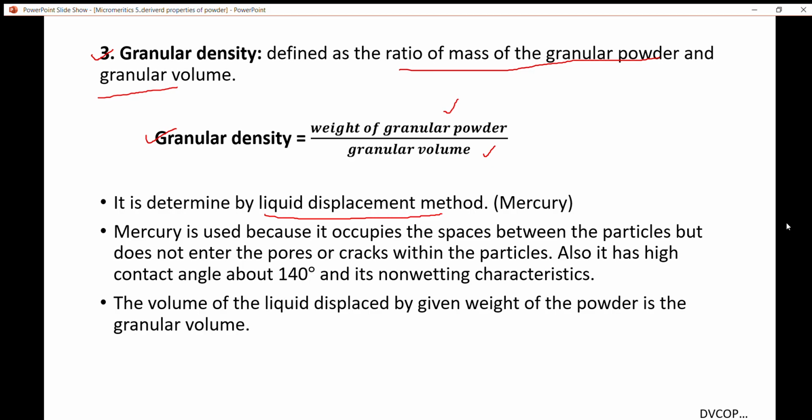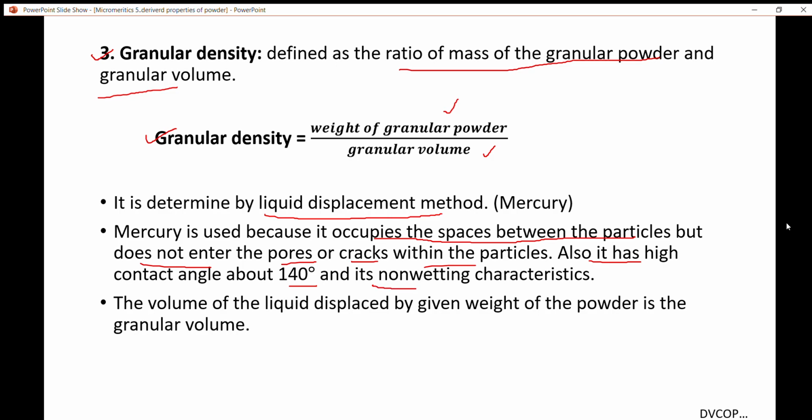In granular density, mercury is used for determination. Mercury is used because it occupies the spaces between the particles but does not enter the pores or cracks within the particle, and it also has a high contact angle, that is 140 degrees.